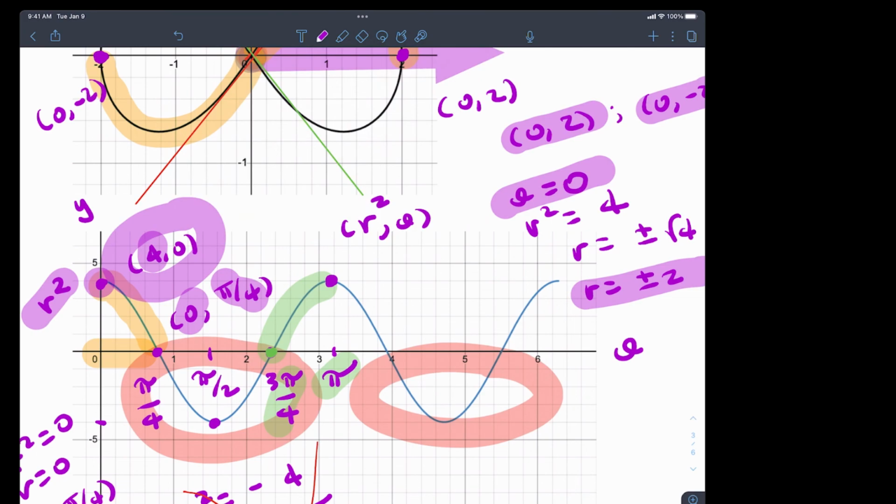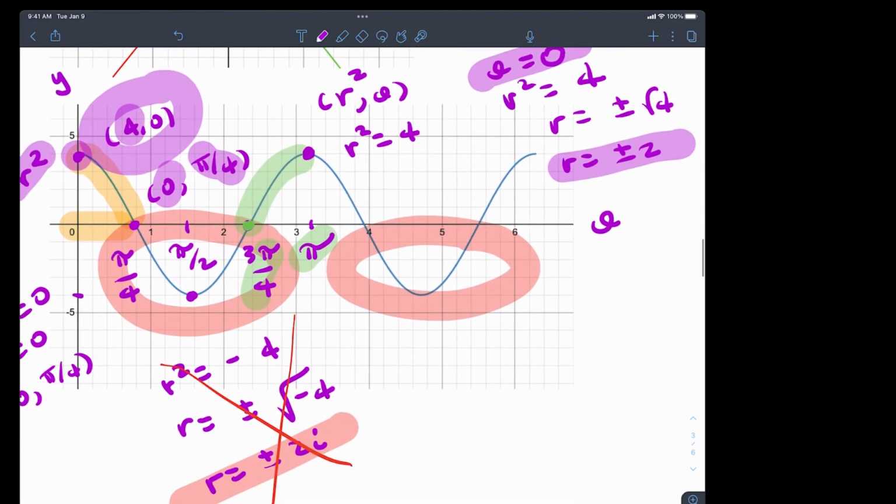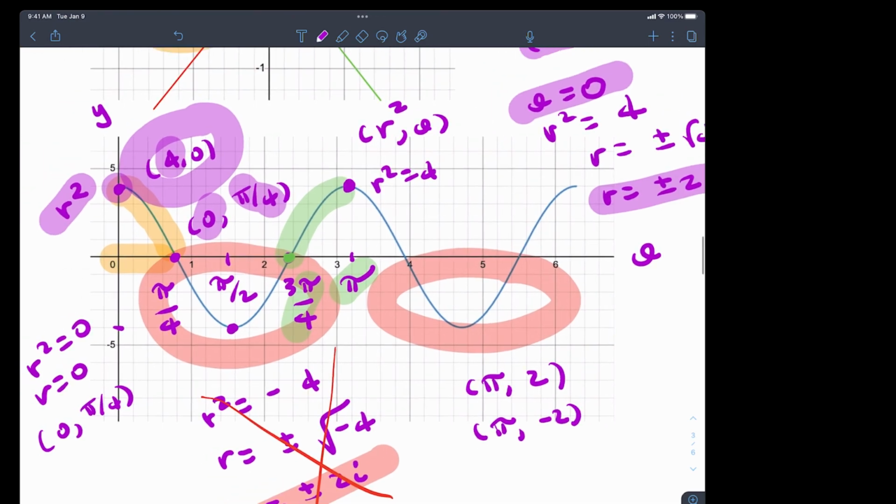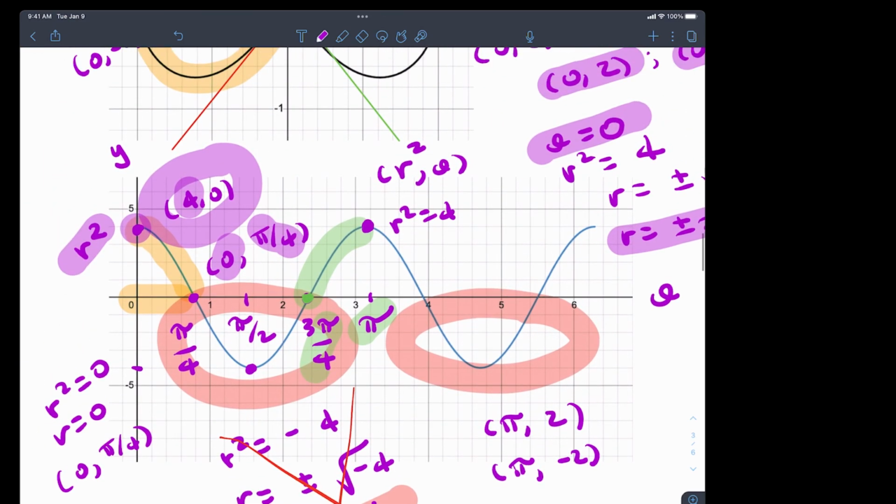So again, you have r squared being +4, and you guys know that means two things. So when the angle is pi, your radius is +2, and the radius is -2. Because again, this is r squared equals 4 at that angle. We're looking at r squared now. So from 3 pi over 4 to pi, you got two radius values.